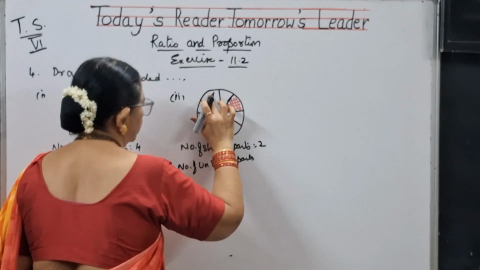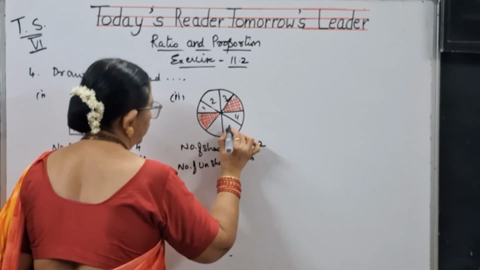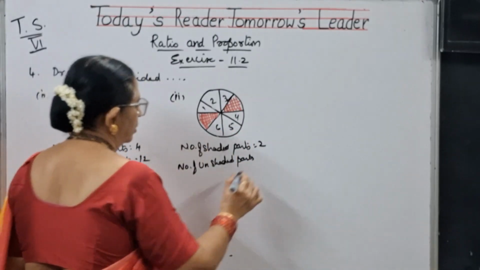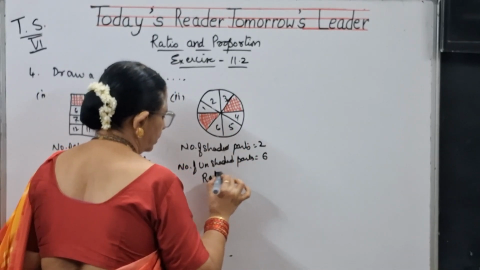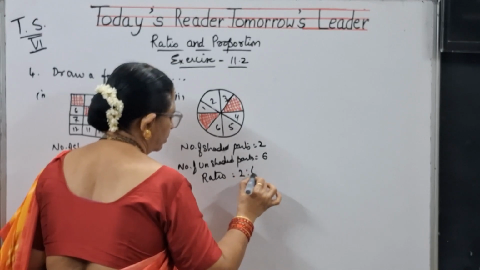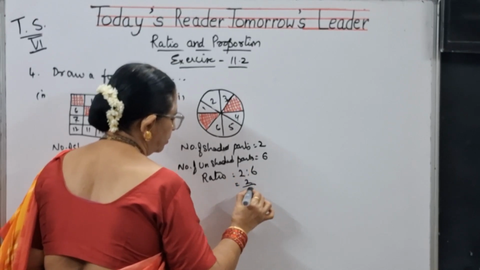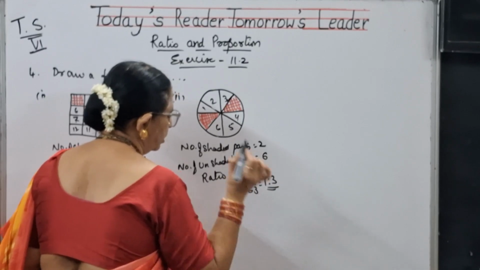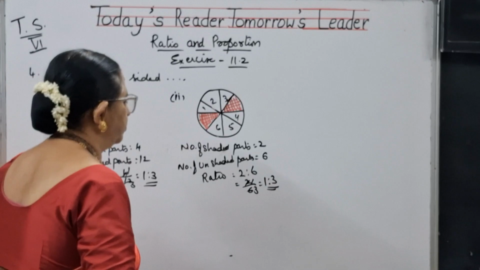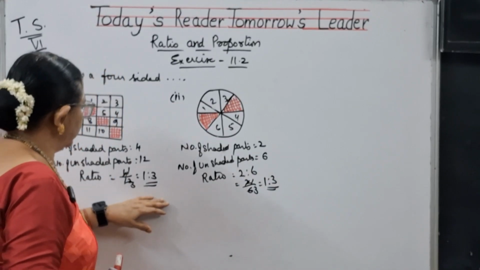I'll start from here. 1, 2, 3, 4, 5, 6 are there. There are 6. So what is the ratio? 2 is to 6. That means 2 by 6, 1 by 3. See, I am getting ultimately it as 1 by 3. So you have to do it in such a way that ratio is 1 is to 3.